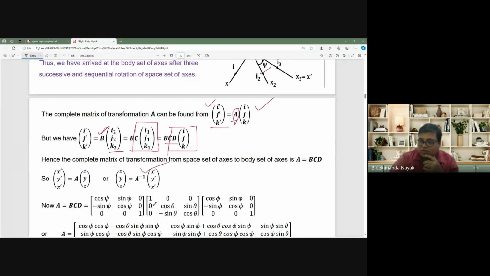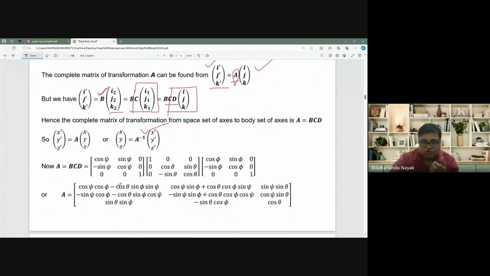So the A matrix you can calculate. If it is an assignment or examination, you have to write up to this: the multiplication of these three matrices, and we get this. It is actually an orthogonal matrix, so A inverse is equal to A transpose.